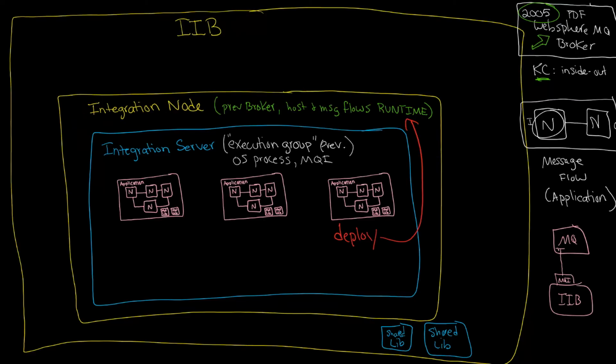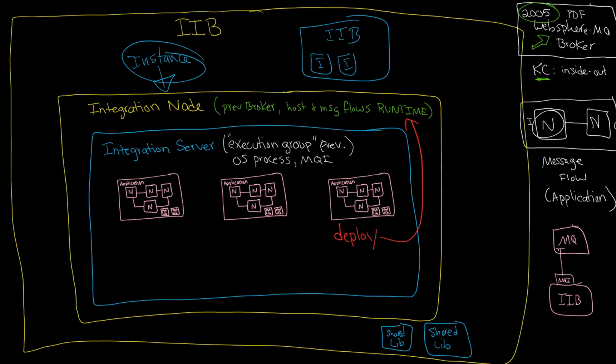So in other words, this integration node you can think of as an instance. If you're familiar with, say, a DB2 instance, you can have more than one instance of DB2. So if this is your system, there's DB2 and there's DB2. You've got two of them potentially on one system, especially if it's a pretty high-powered system. That's an instance, and that's an instance. Well, same idea here in IIB. You can have multiple instances running. So you could consider IIB to have instance 1 and then another instance and so on, and of course that's what this is here.